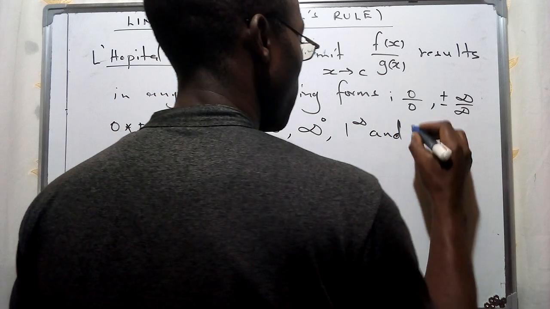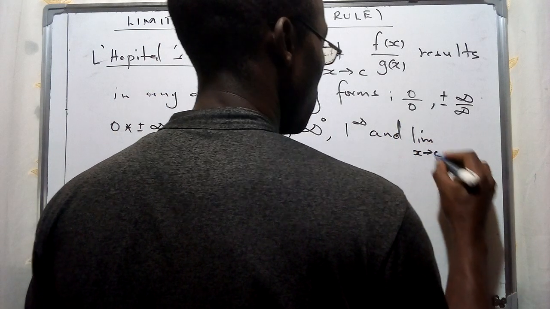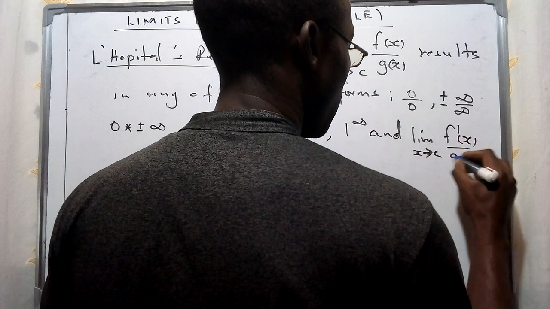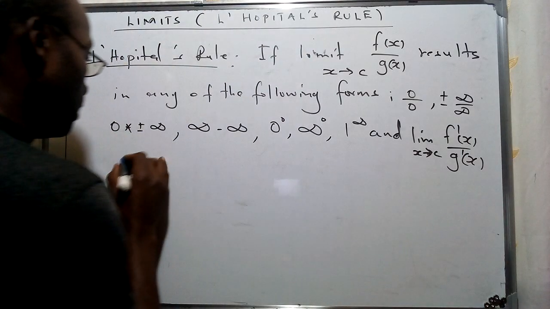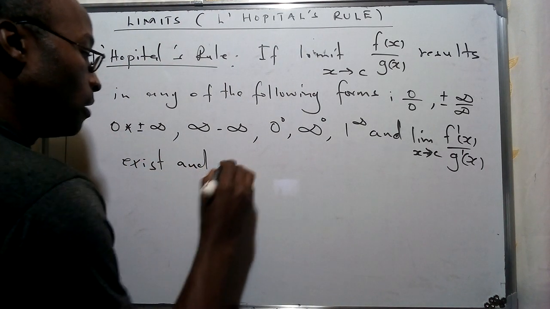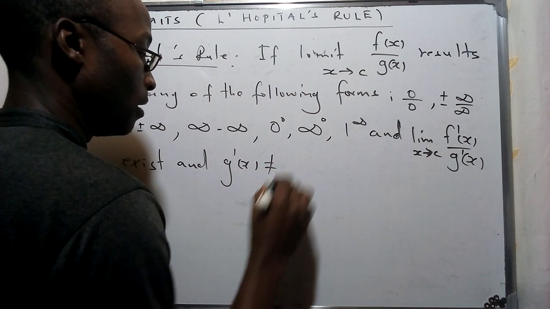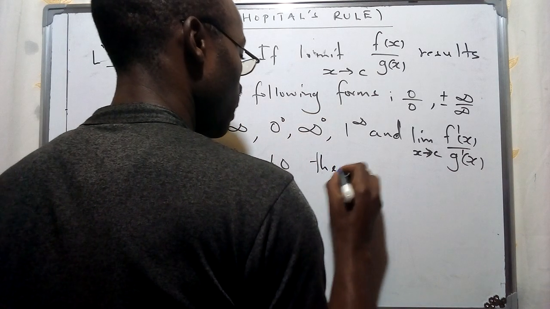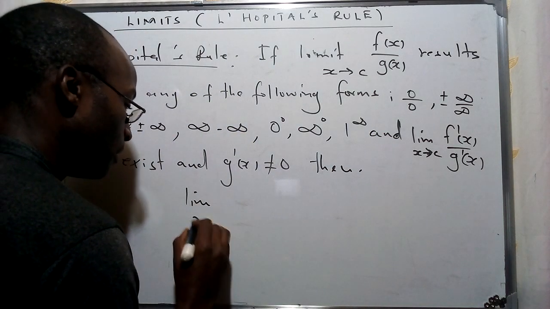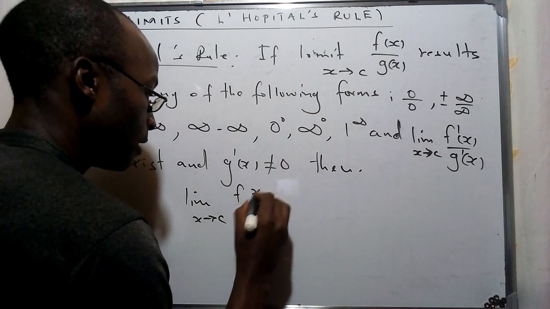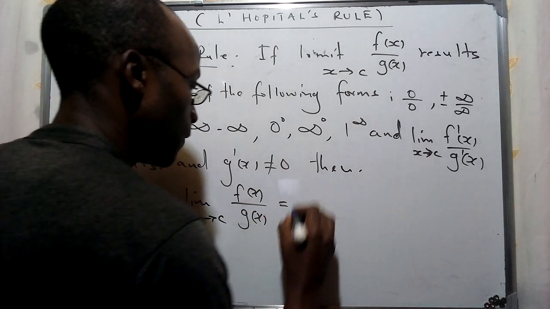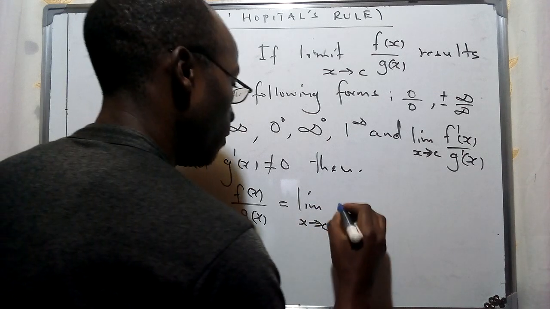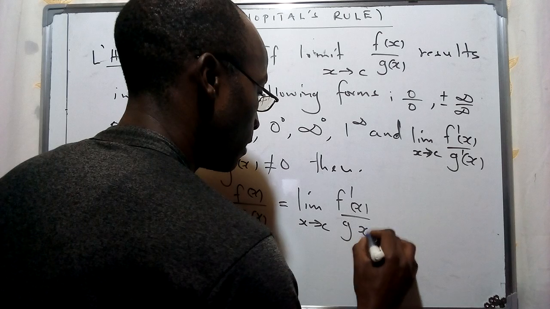and the limit of this function as x tends to c of f prime of x over g prime of x exists, and g prime of x is not equal to 0, we're going to see that we can find the limit for these forms of functions by using L'Hopital's rule, which states that the limit as x tends to c of f(x) over g(x) is equal to the limit as x tends to c of f prime of x over g prime of x.